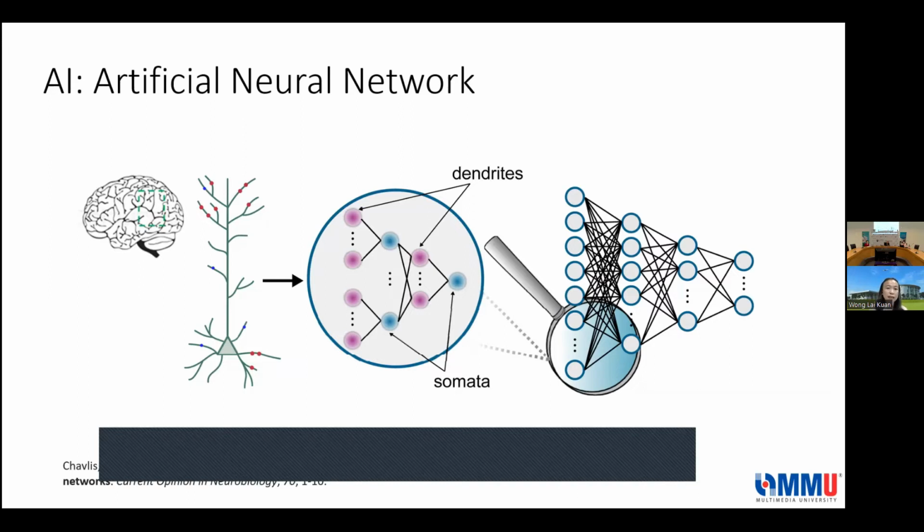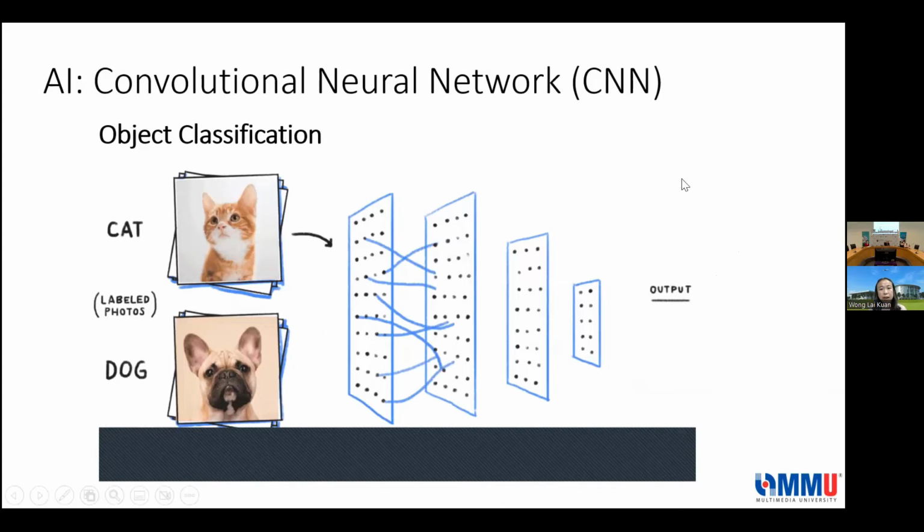Now, how does it actually work? So we have a network. For example, for the task of object classification, we can give the objects and label them, and then we pass this whole large data set. It could be millions or hundreds of thousands of images, and then we let this neural network learn. Basically, this neural network is a lot of processing units, like neurons, that learn different features of the image.